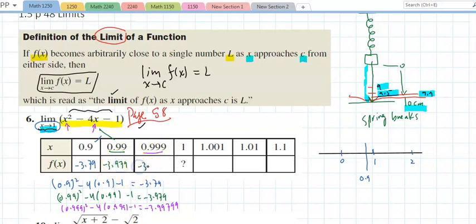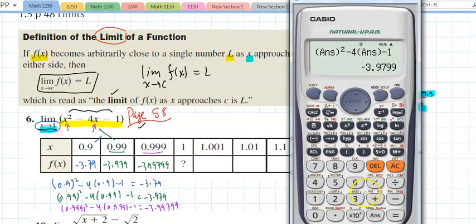This was negative 3.99799. And the first one was a 0.99. I think I missed all of those. Oops. 0.99. Go back one and hit enter. 3. Wow.